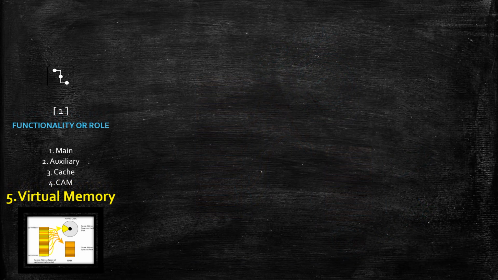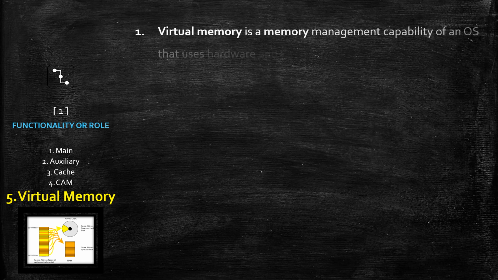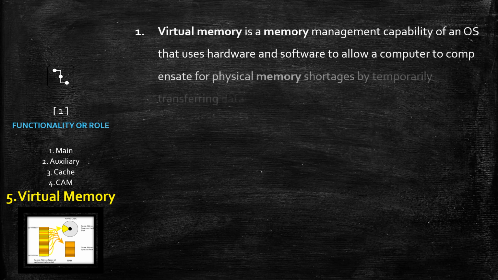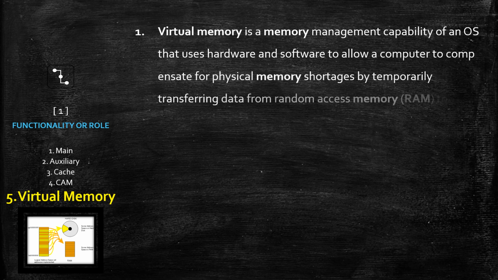Okay, so now we know what virtual memory is and how it works. Virtual memory is a memory management capability of an operating system that uses both hardware and software, and allows a computer to compensate for physical memory shortage.